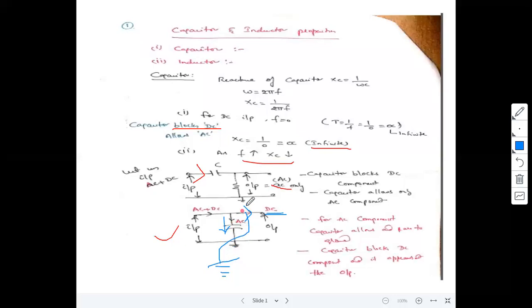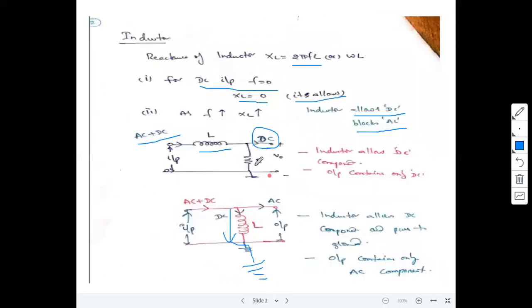In any way, the property is that the capacitor allows only the AC component. It does not allow the DC component. The capacitor blocks the DC and allows the AC component. Similarly, the inductor allows the DC component and blocks the AC component.